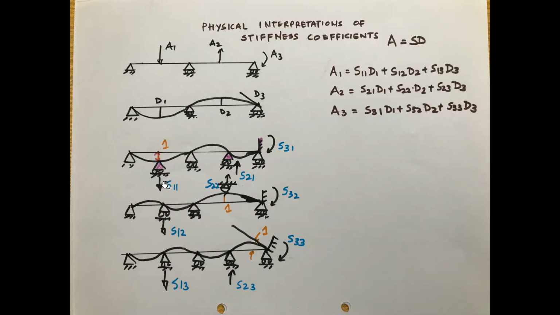We are doing the process of formulating the force and the displacement relations using the stiffness coefficients. And just like you have learned superposition, this will also help us in analyzing the beam using the stiffness method later on.